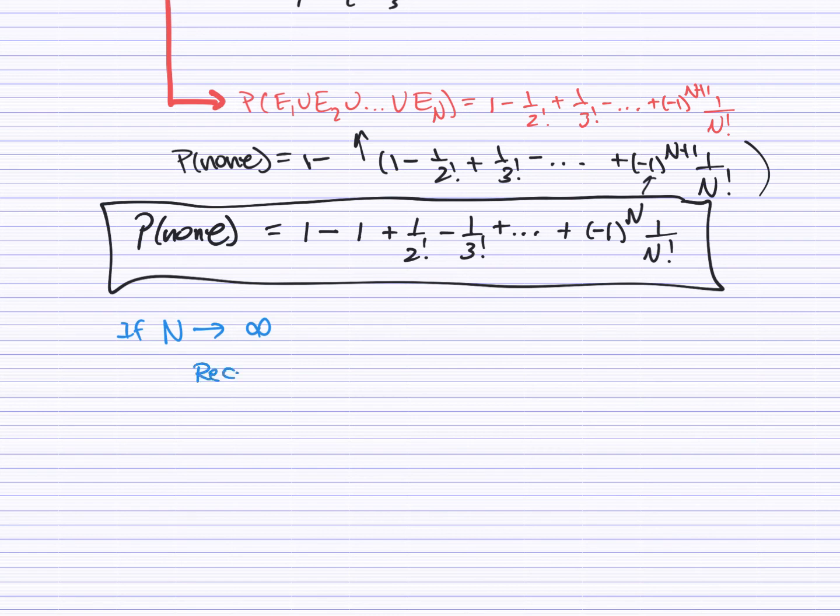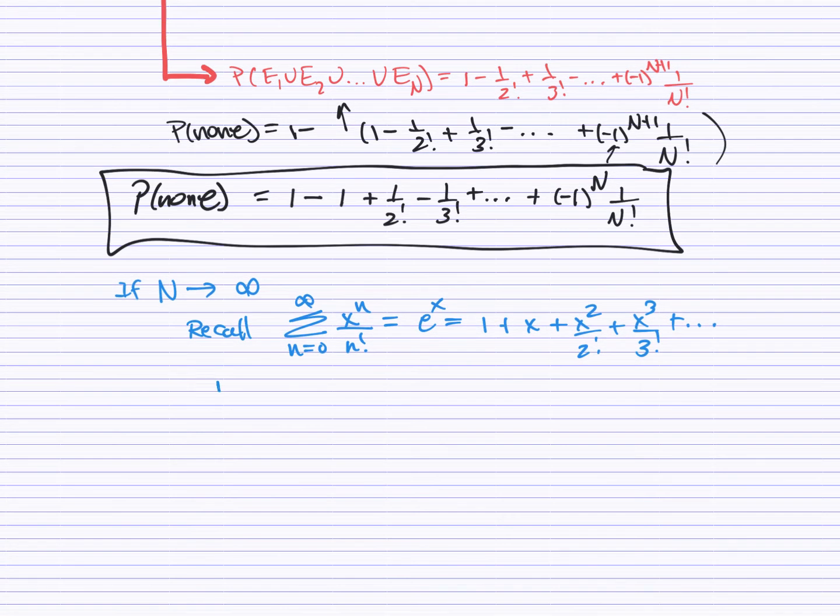So recall that if you take the sum, this comes up a lot in our class, of n equals 0 up to infinity of x to the n over n factorial, you get e to the x, which, by the way, is 1 plus x plus x squared over 2 factorial plus x cubed over 3 factorial, and so on. Remember that?